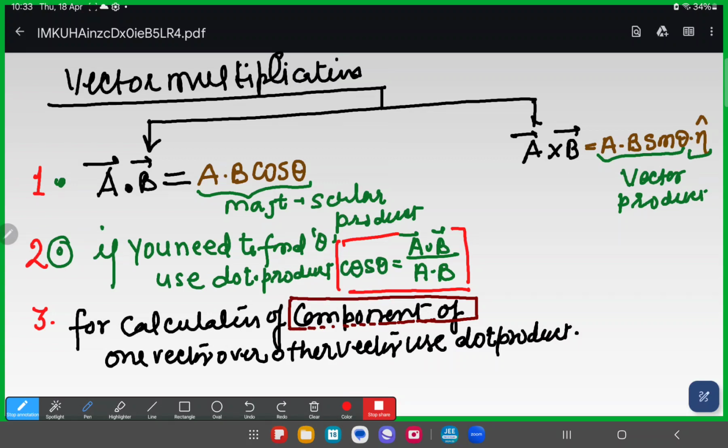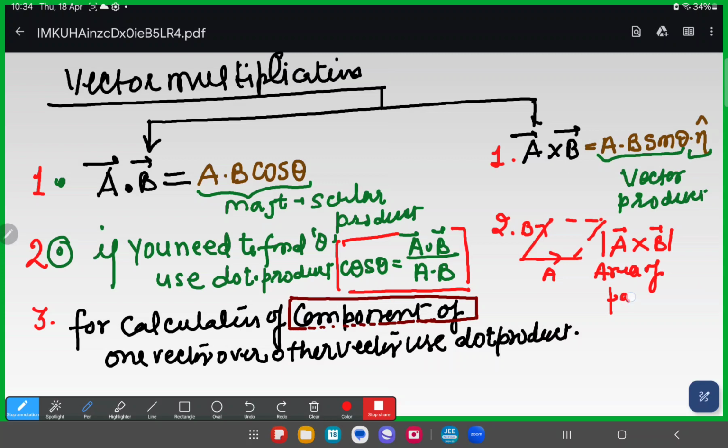Now let's quickly cover a few points in the cross product. If A and B represent the sides of a parallelogram, then A cross B gives me the area of the parallelogram.